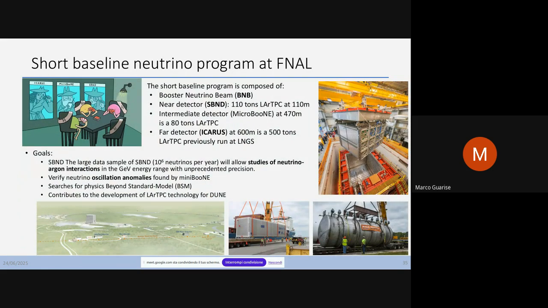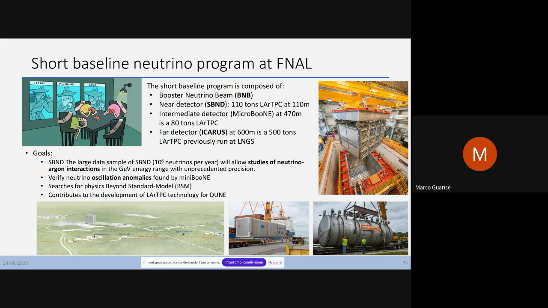The short baseline is short baseline, of course. At Fermilab, we have three detectors here. The SBND is placed nearby the source at Fermilab, 100 meters from the target.